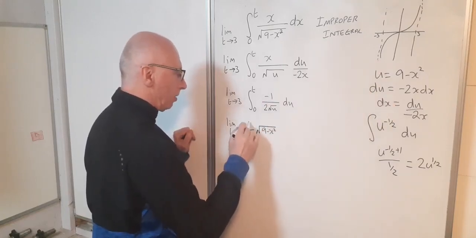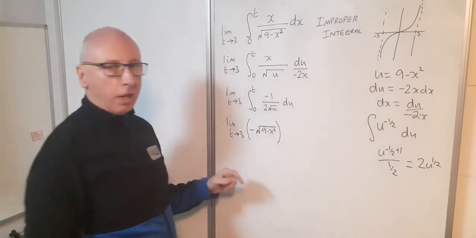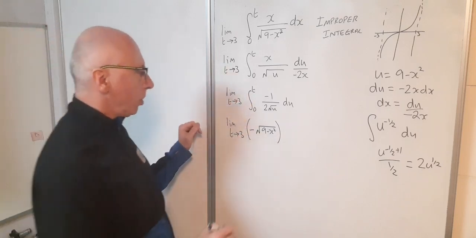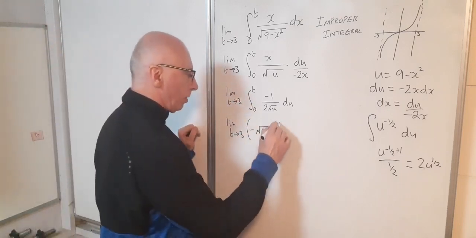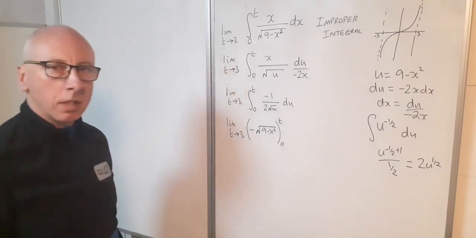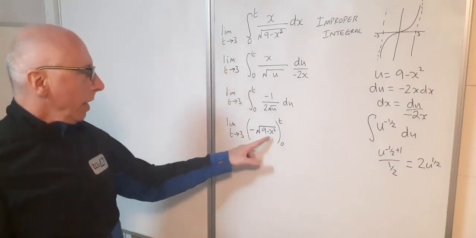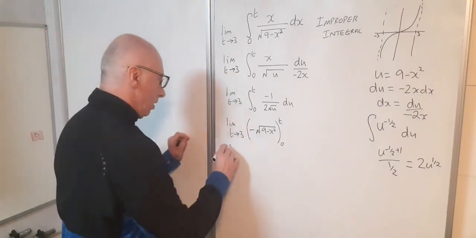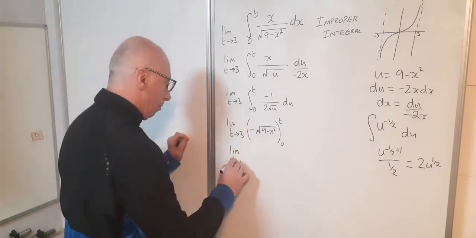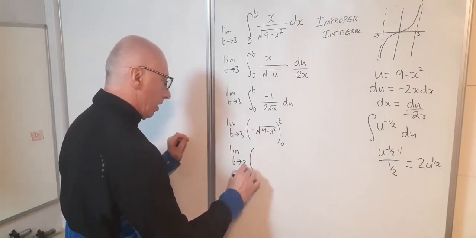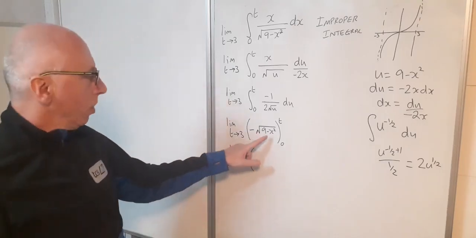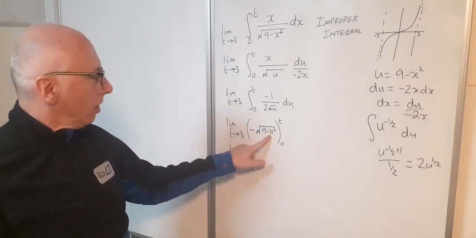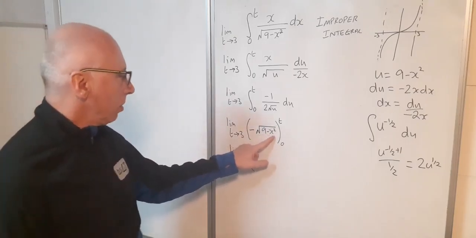So getting back into our x variable as we need to do, as we've not changed our parameters, and that's from 0 to t. So if we evaluate that from 0 to t and then find the limit as t approaches 3. So what happens when we've got a t? So we've got 9 minus t squared.